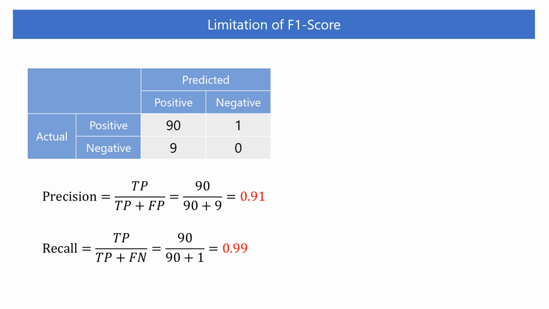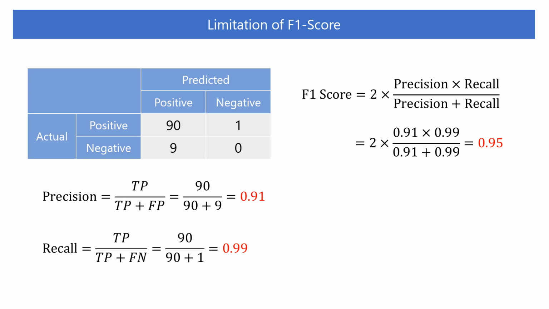So, both precision and recall are high, 0.91 and 0.99 respectively. Let's compute F1 score combining precision and recall. It is 0.95, very high.